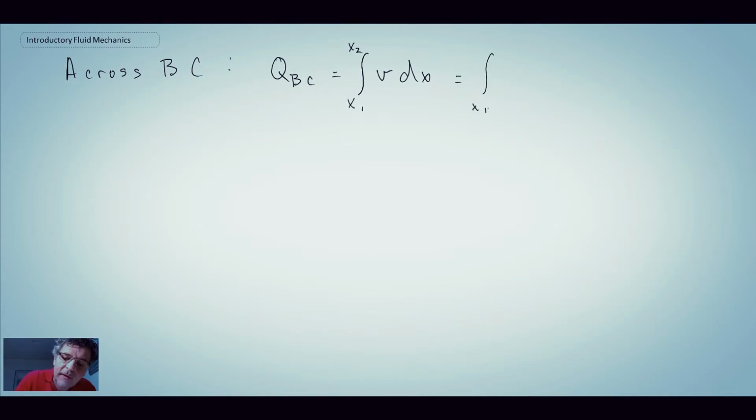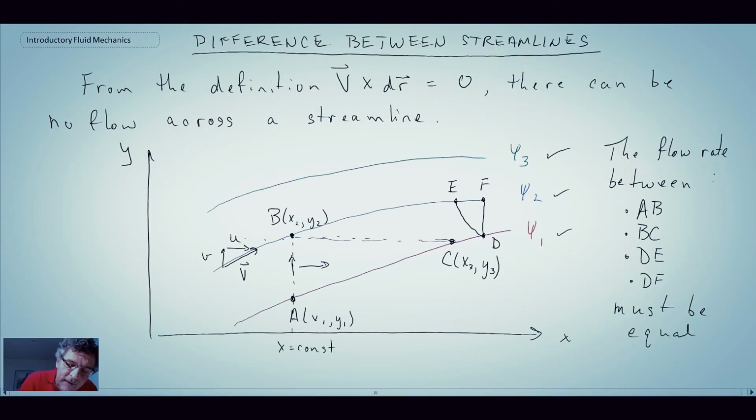And making a substitution for the value of our stream function. So we have that. Now along BC, looking back at that line, we see, just like before, along BC, y is equal to a constant. So we're going to use that.